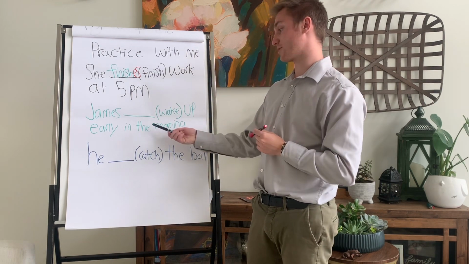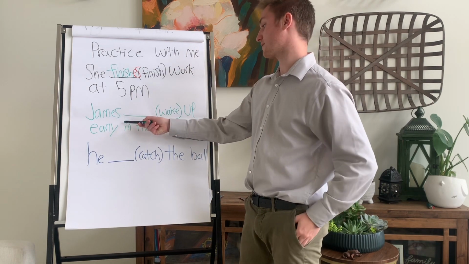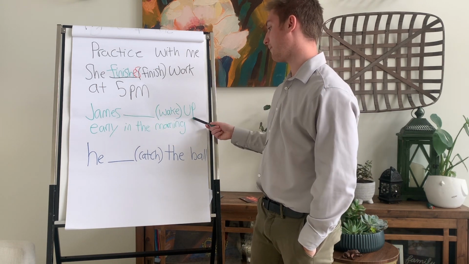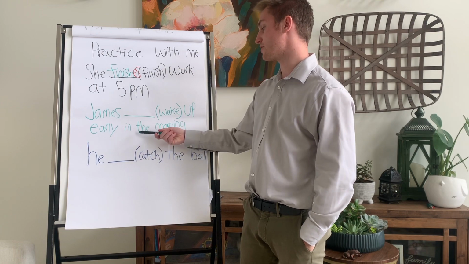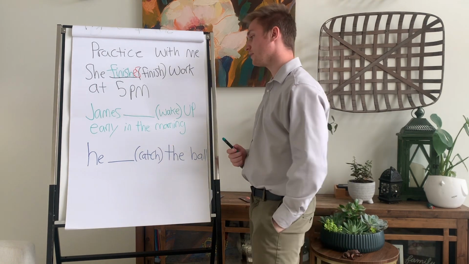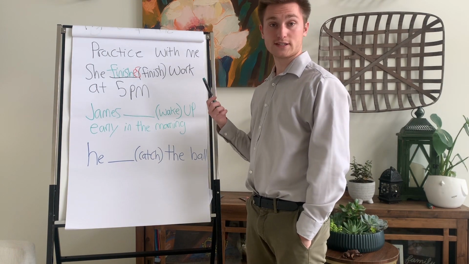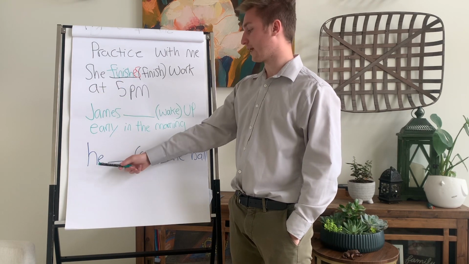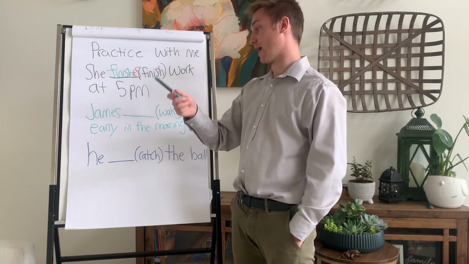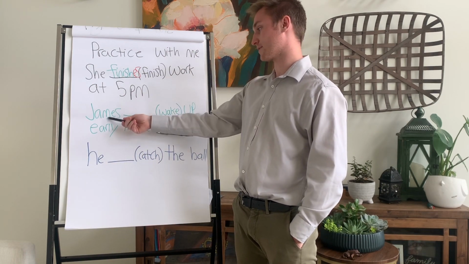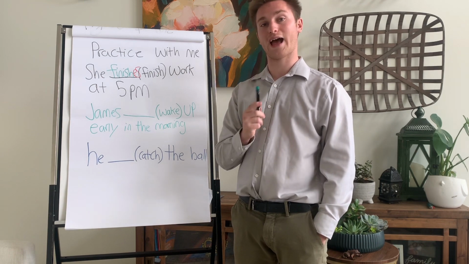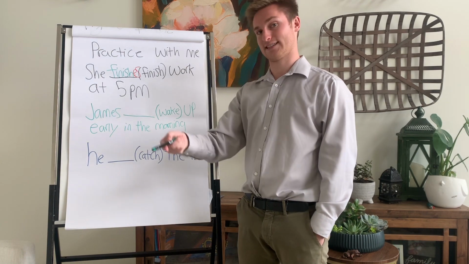Here is the next one. James blank wake up early in the morning. So notice now we do not use she or he. We use a name, James. So that means we do not need to add es.